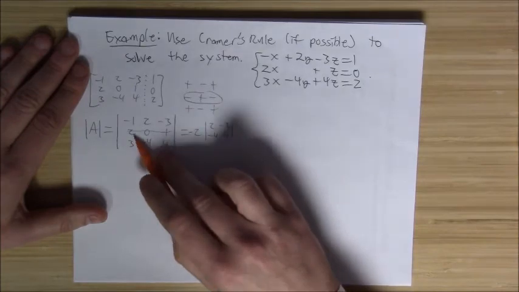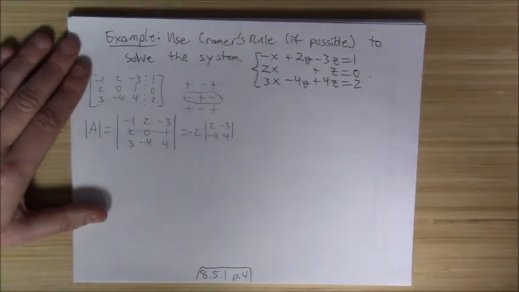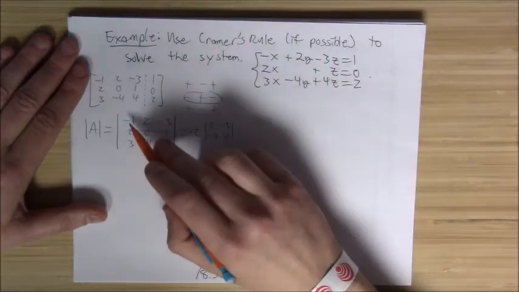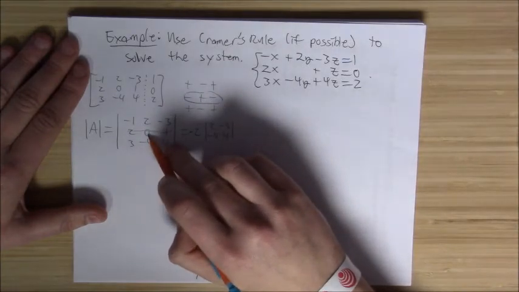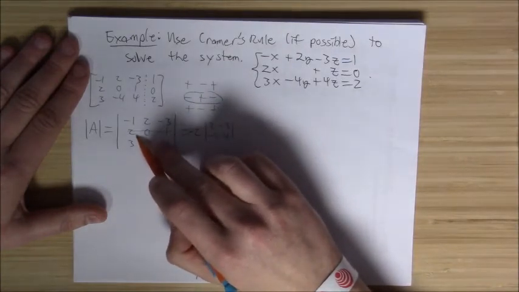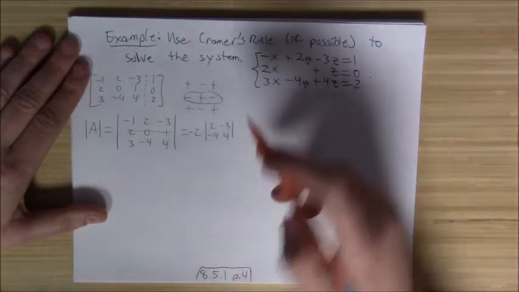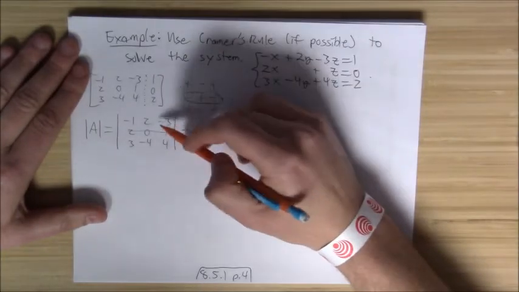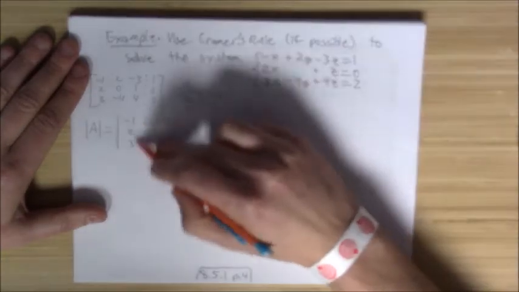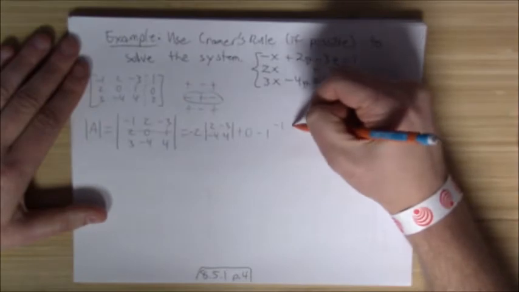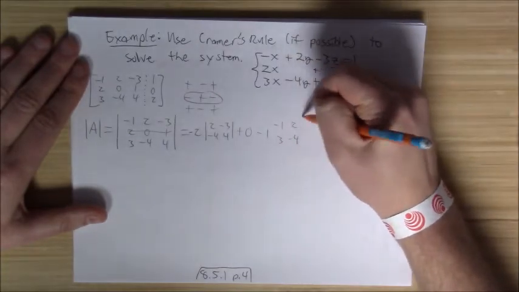Which gives us, what? That'll give us negative 2 times the determinant of 2, negative 3, negative 4, 4, plus 0, minus 1 times the determinant of negative 1, 2, 3, negative 4.